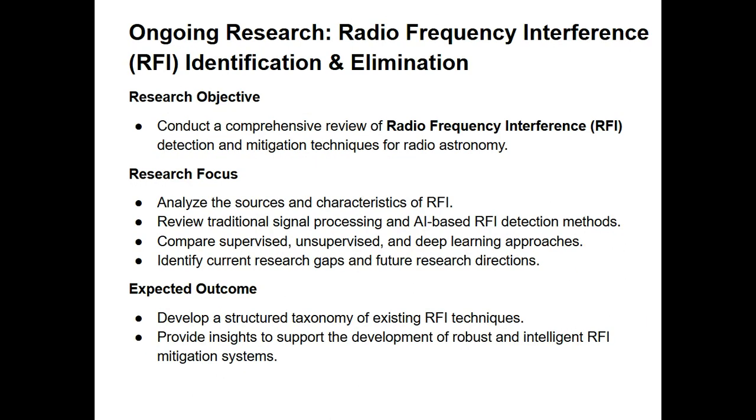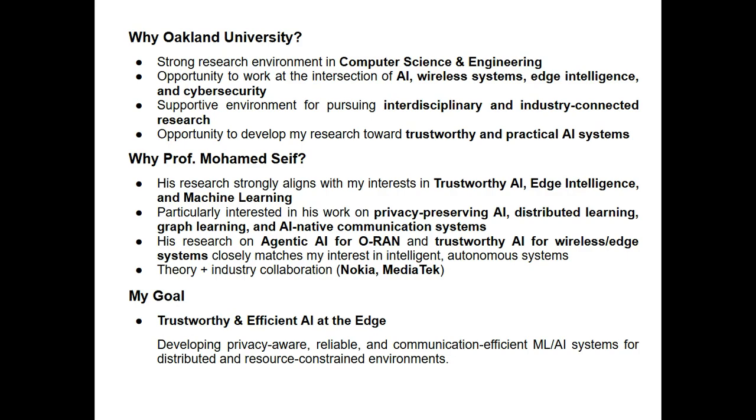So after you have done a couple of your projects related to your professor, then it comes to why this particular university and why this particular professor. So you can say why Auckland University, because of the strong research environment in computer science, the opportunity to work on AI, and the supportive environment.